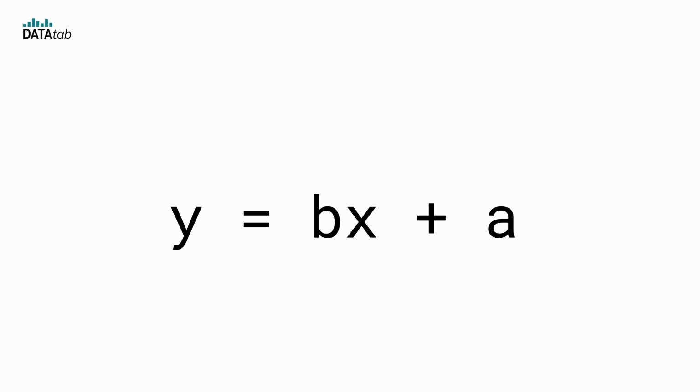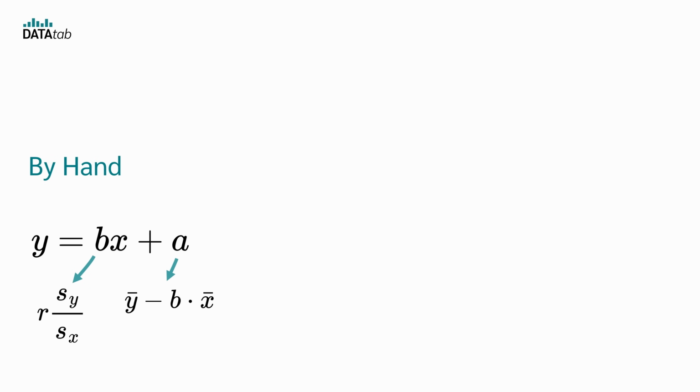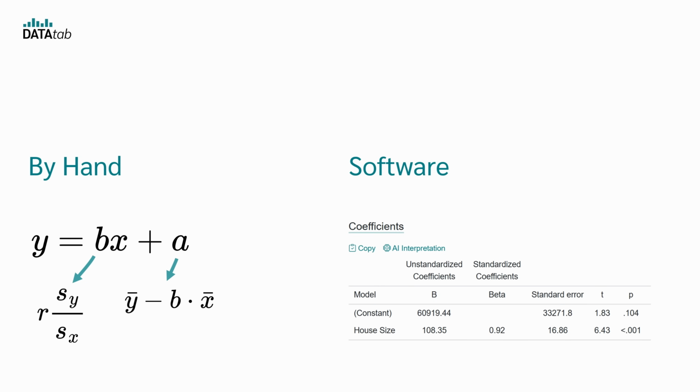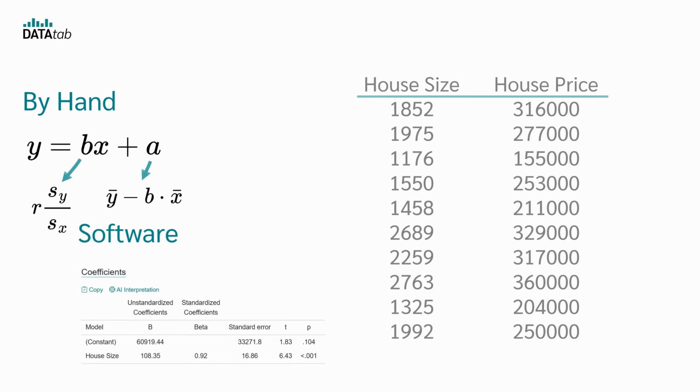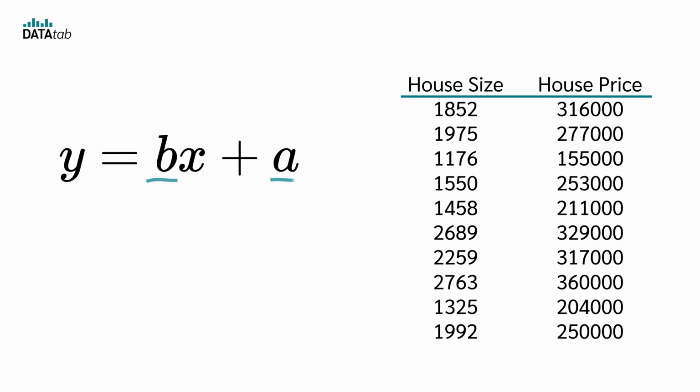Okay, but how do we calculate b and a? There are 2 ways to do this. We can calculate them by hand or using statistical software like DataTab. Let's look at this example. How can we calculate b and a by hand? To calculate the slope b, we use this formula.